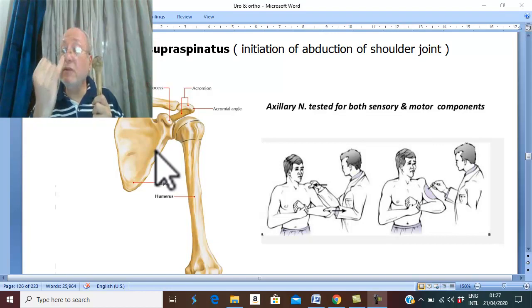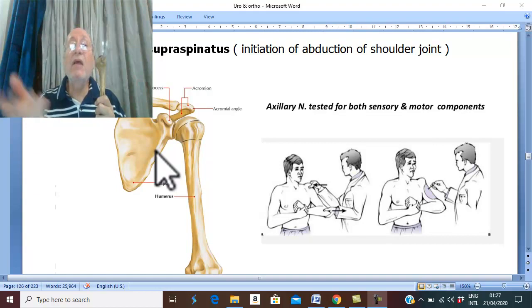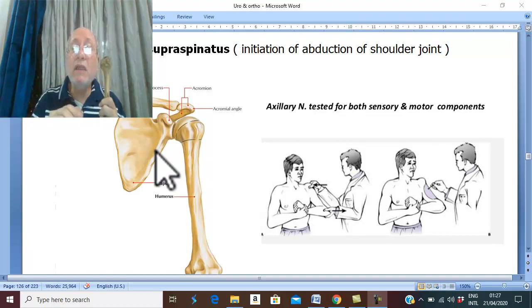Therefore, there is joint complication, recurrent dislocation and stiffness; bone complication, fracture dislocation; muscle tear, supraspinatus and subscapularis; axillary nerve injury, and the posterior cord of the brachial plexus is very rare. Axillary artery injury is very, very rare.